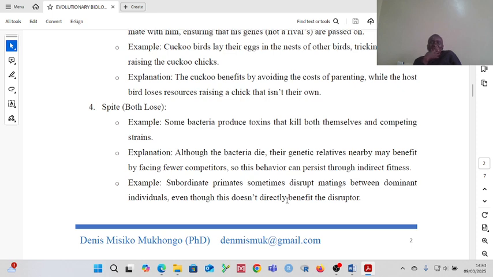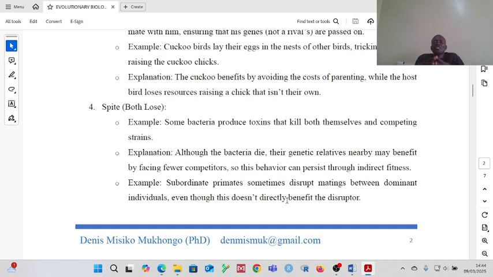The other type of social interaction is what we call spite. Under this type of social interaction, both the organisms that are interacting lose. The example here is, imagine bacteria which produce toxins to kill both themselves and any other competing strain. So it is producing a toxin not just to kill the competitor, but also to kill itself.